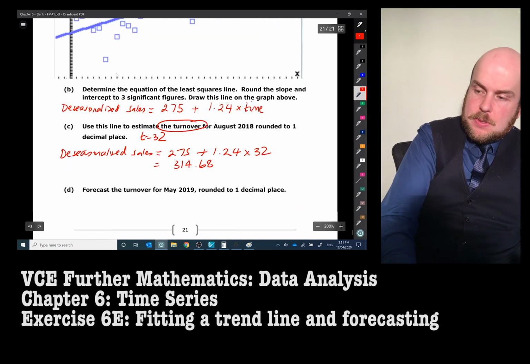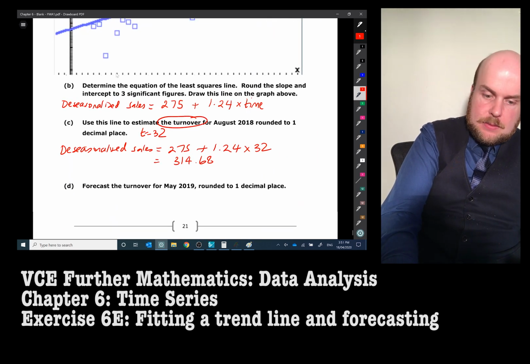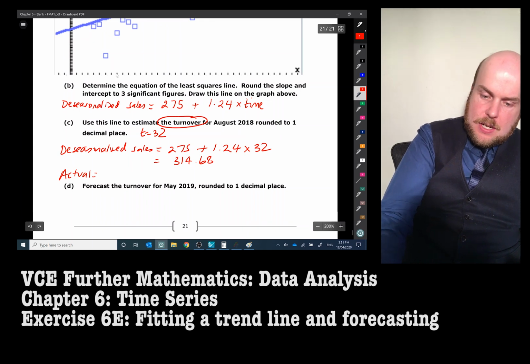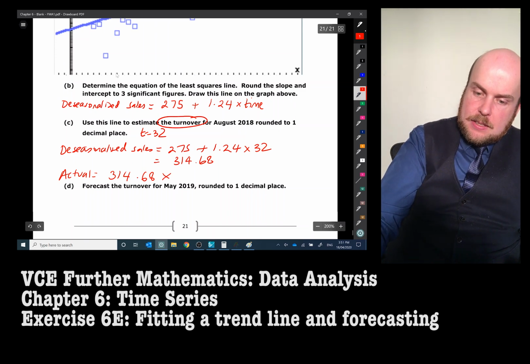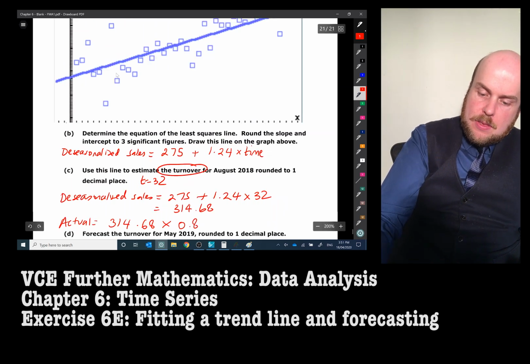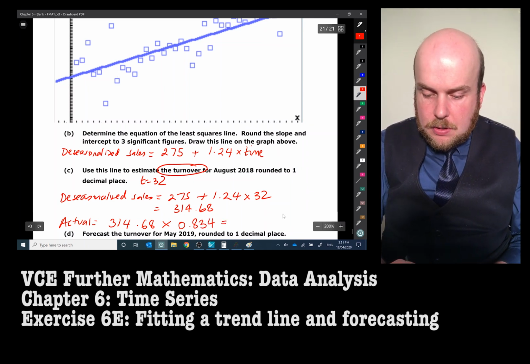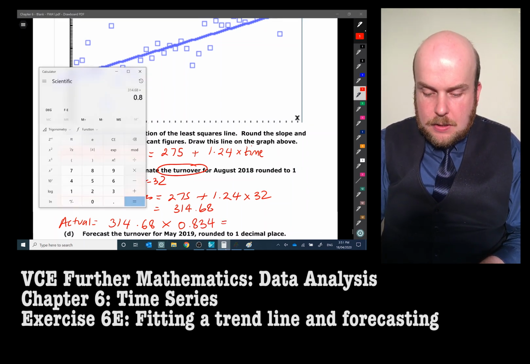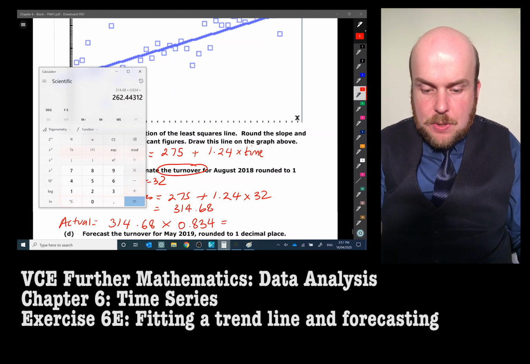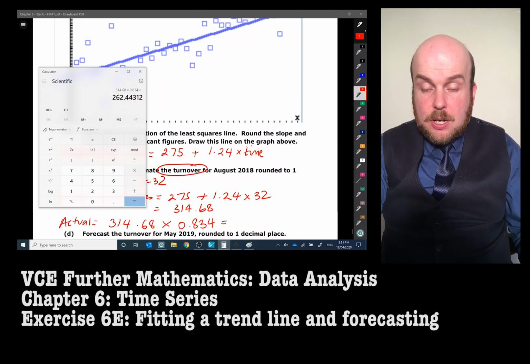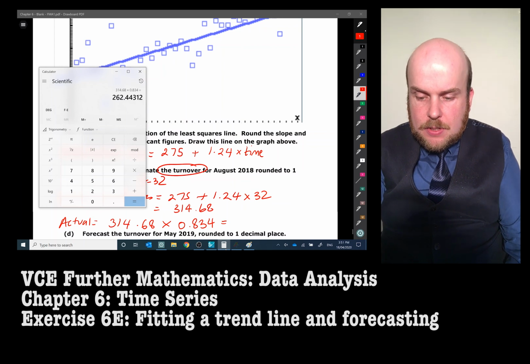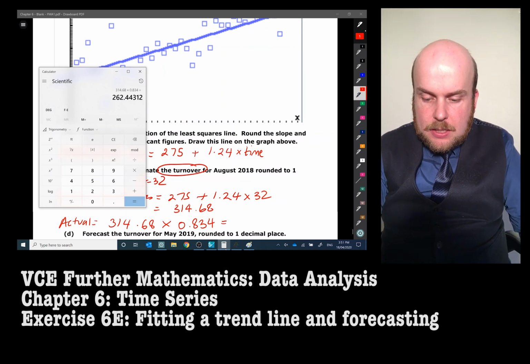So the actual will be 314.68 times the seasonal index of 0.834, and that's going to be equal to 262. So let's make that into millions of dollars to round to 1 decimal place.